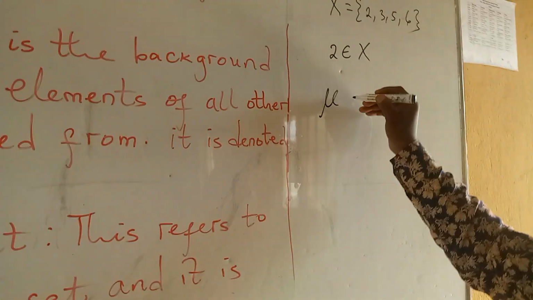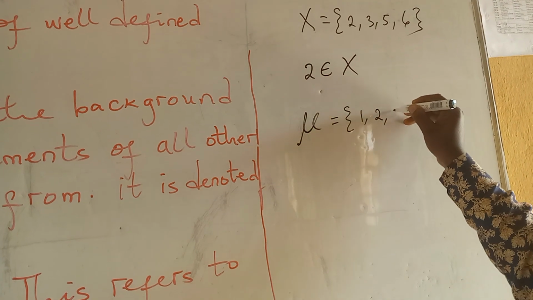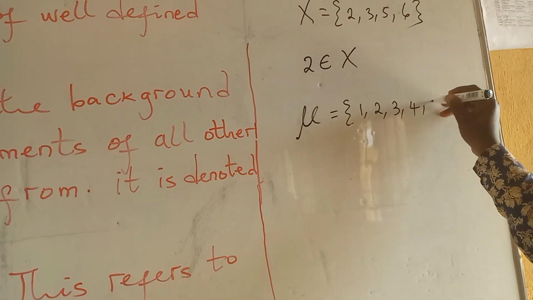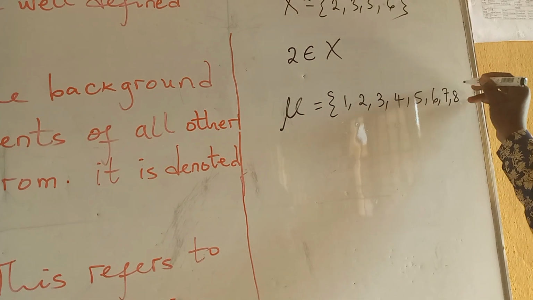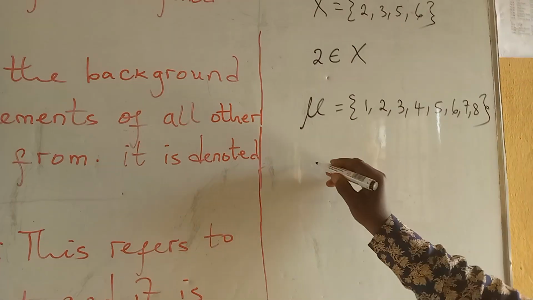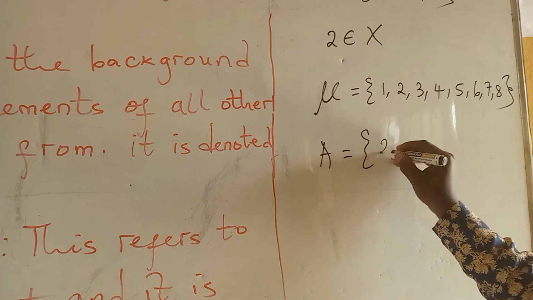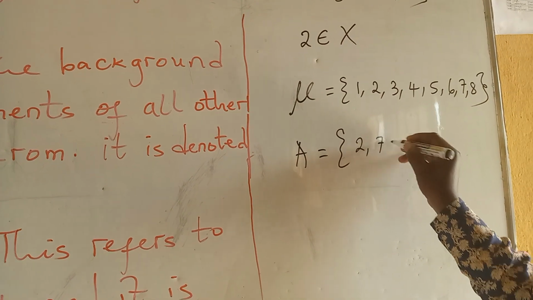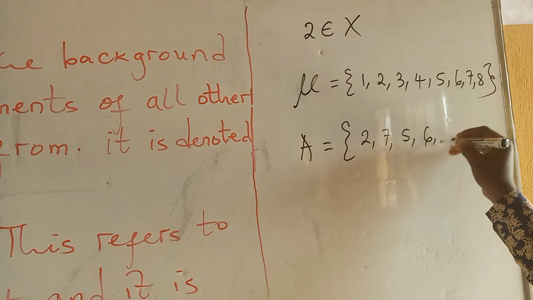For example, if the universal set is a set of numbers from 1 to 10, okay, let me say from 1 to 8, and then A is a set of numbers, let's say 2, 7, 5, 6, and then 1.